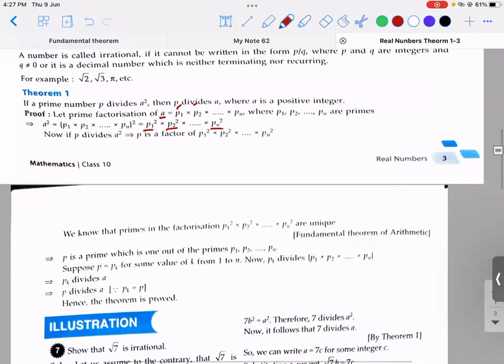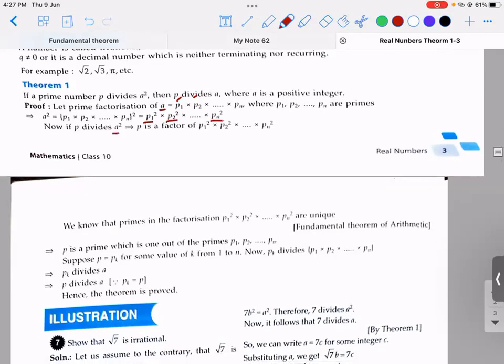Now what is the condition that is already given? That p divides a square is already given, that is done. You need not prove that p divides a square. It is already dividing. Now if p divides a square, what can we conclude from that kind of statement?